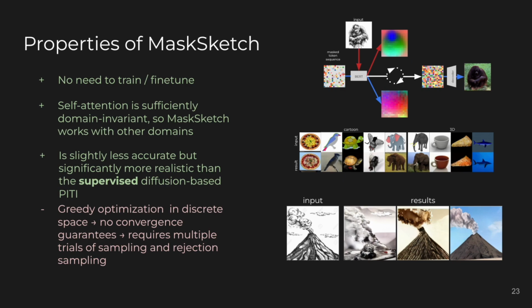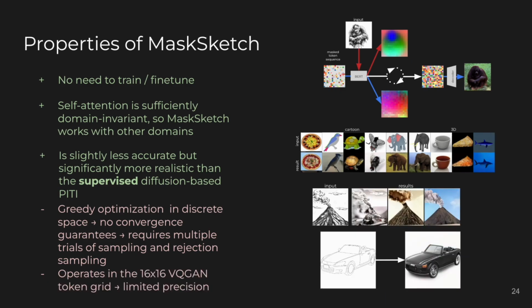To solve this problem, we propose rejection sampling with automatic selection based on the clip features. Finally, since MaskSketch operates on the 16 by 16 token grid, it achieves limited precision, and MaskSketch sampling result may not always preserve all the fine-grained details of a given sketch.